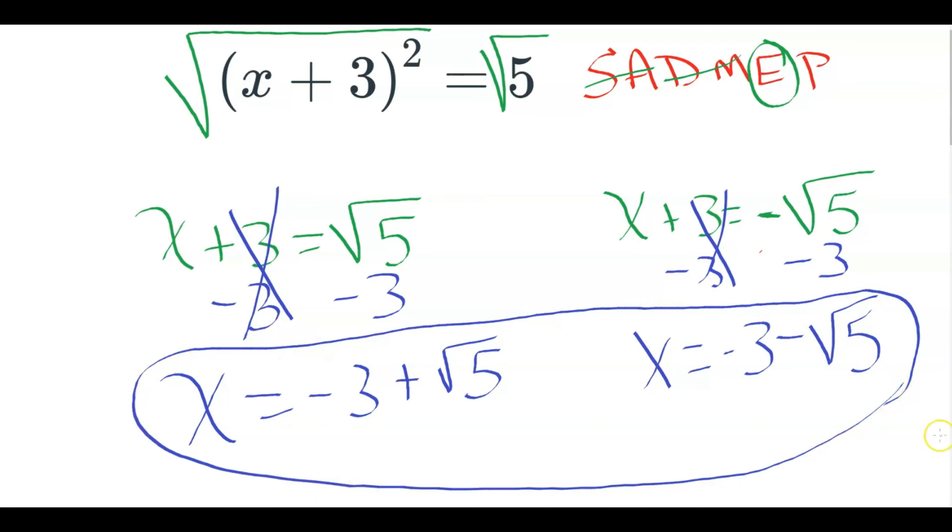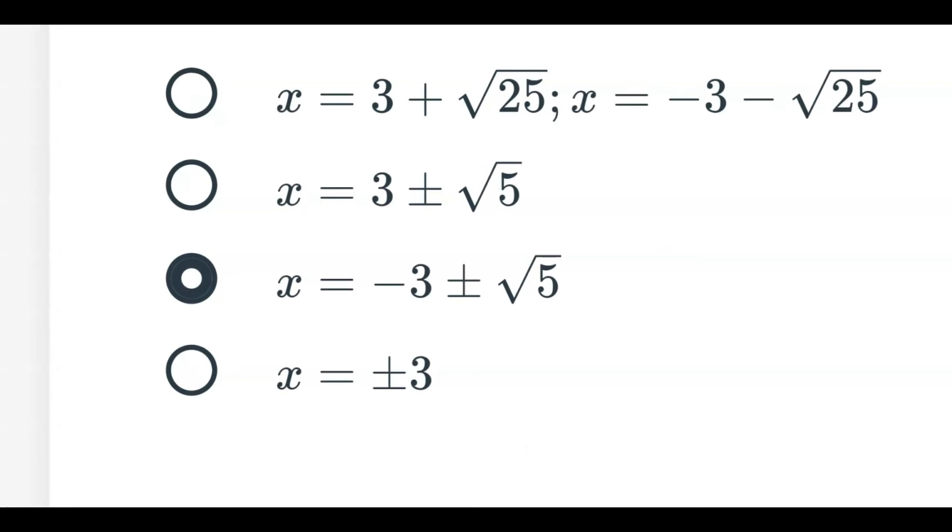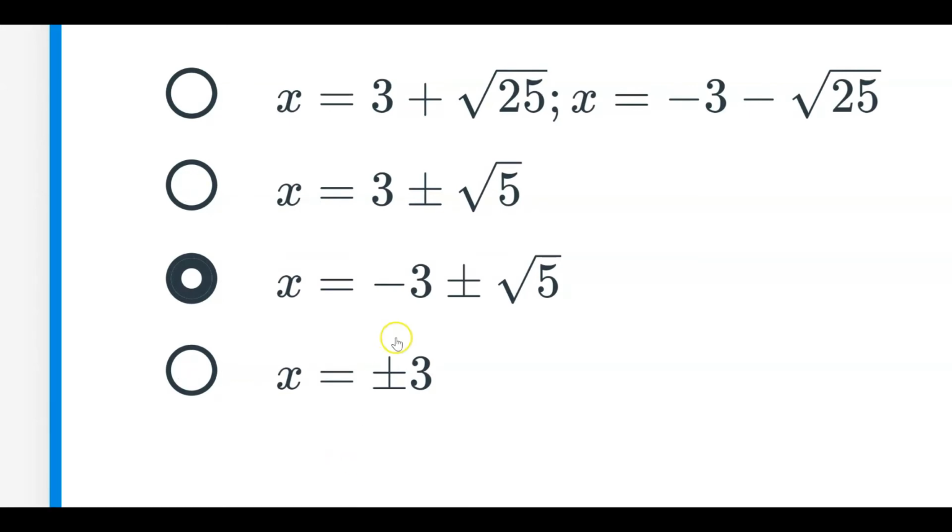When you're looking for answers, you want to try to find the answers that match exactly what you get. Now there is a difference in how your answer is going to look here versus what it looks like on a test. You'll notice that they have a plus or minus. So we had negative 3, I believe it was, let me double check that.